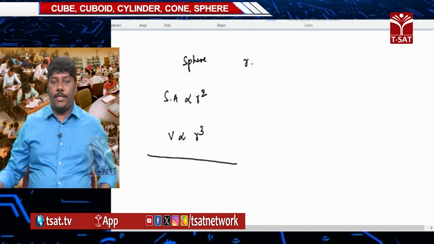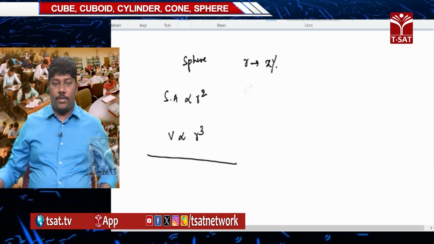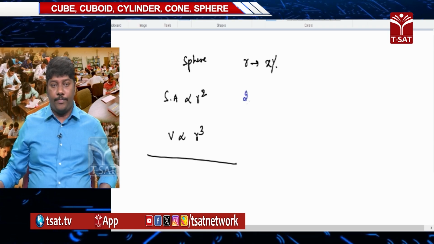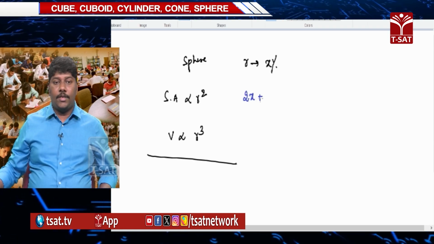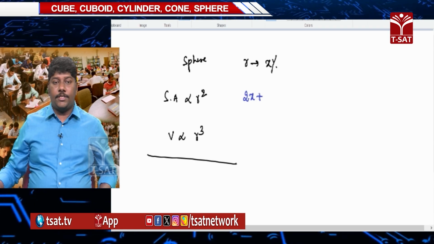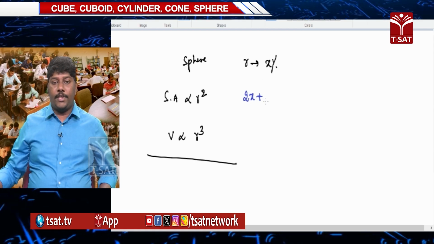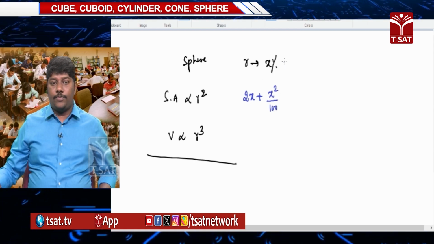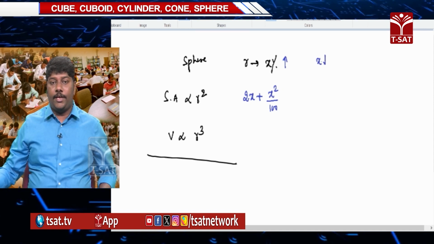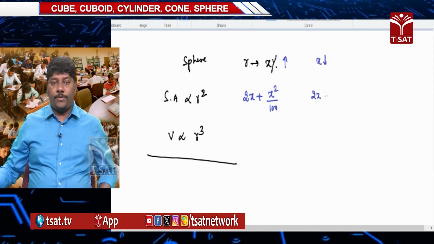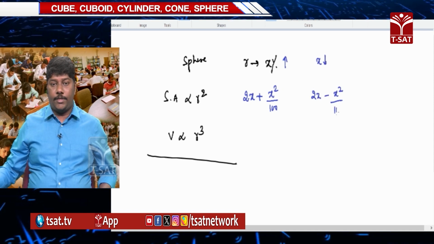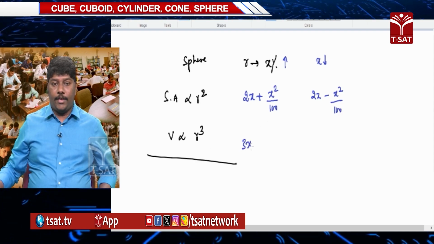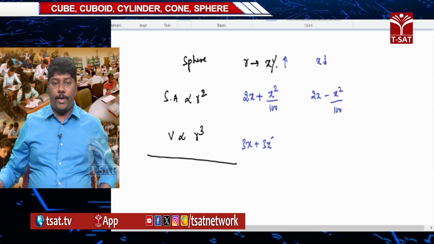If radius is increased by x%, then the increase in the surface area, I am directly giving as a formula. We have seen it in percentages. X percent increase followed by x percent increase means 2x plus x square by 100. This is when x percent increase. When x percent decrease, 2x minus x square by 100. When it is volume, then you can say 3x plus 3x square by 100 plus x cube by 10,000.